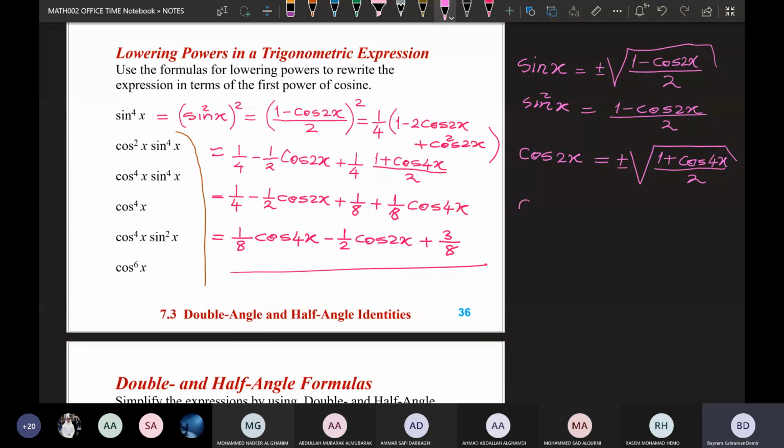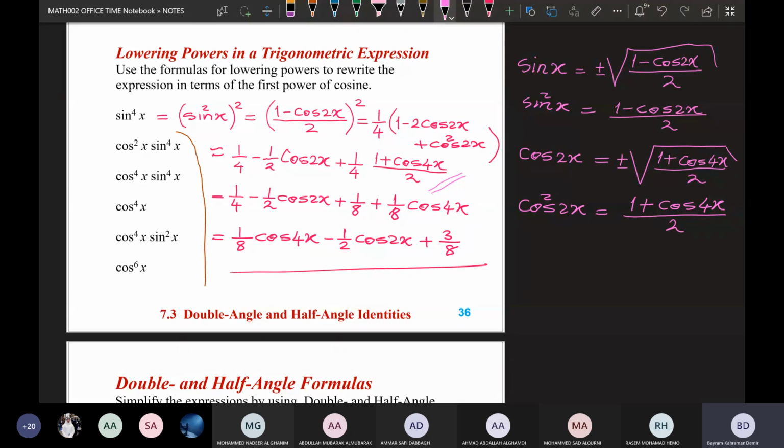So let's see what happens to cosine square of 2x. It becomes 1 plus cosine of 4x divided by 2. Right? So that's how we got this part here: 1 plus cosine of 4x divided by 2. And you need to multiply by 1 over 4, of course.